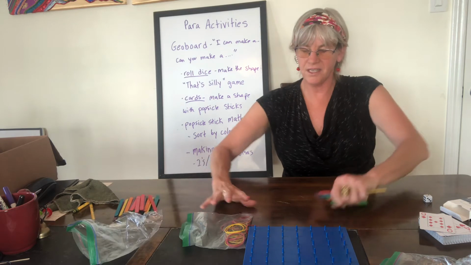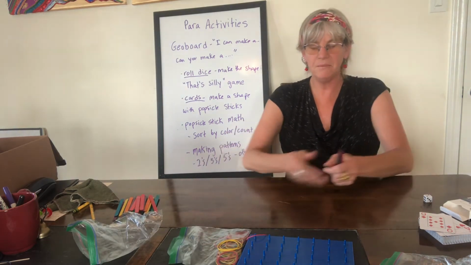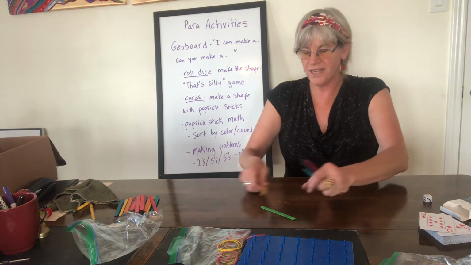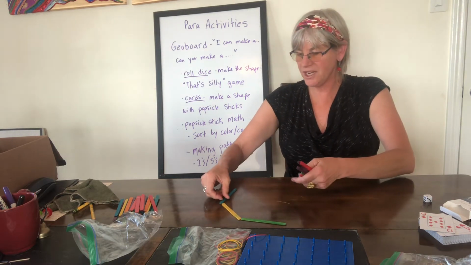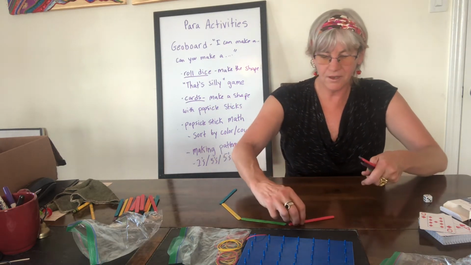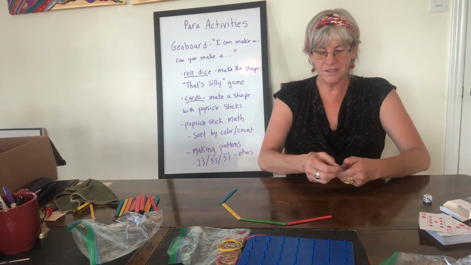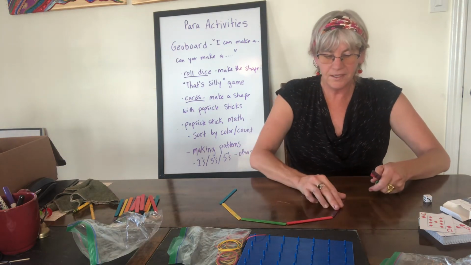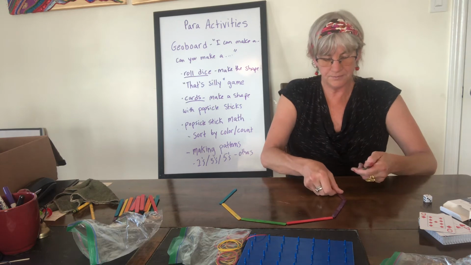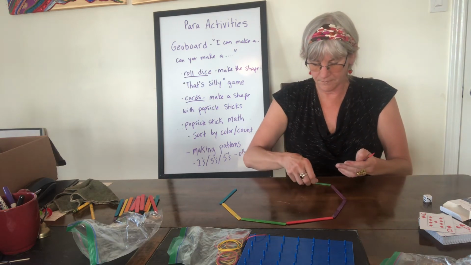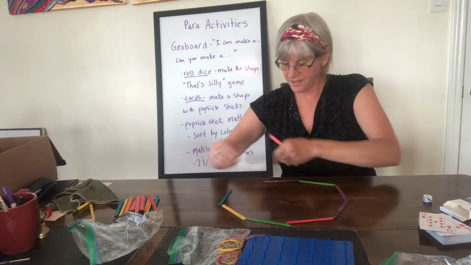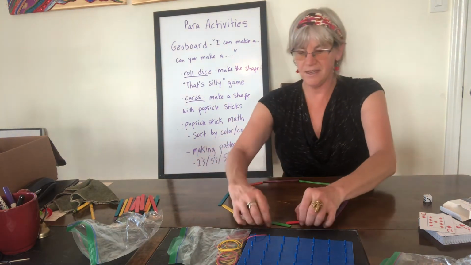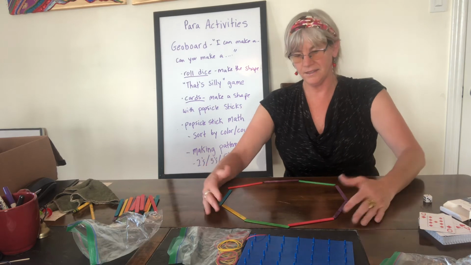I have a nice big spot in front of me on the table, and I'm going to create a shape with 9 sides. It has to be a closed shape, and you have to use all the popsicle sticks that you drew. It's a little tricky, but they can do it. So that would be my 9-sided shape right there.